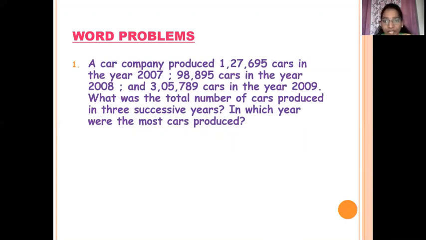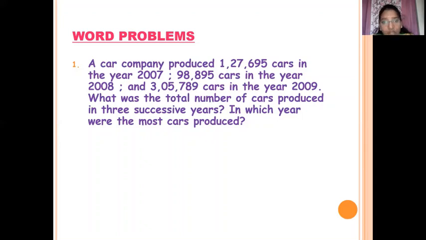A car company produced 1,27,695 cars in the year 2007, 98,895 cars in the year 2008 and 3,05,789 cars in the year 2009. What was the total number of cars produced in 3 successive years?